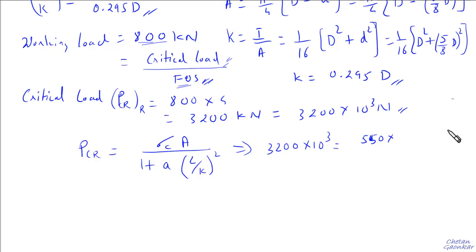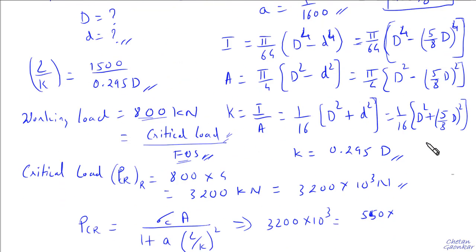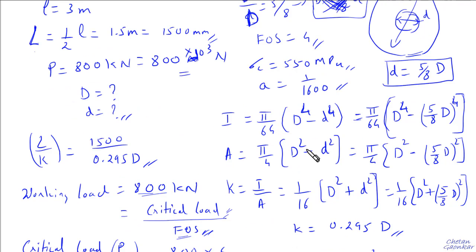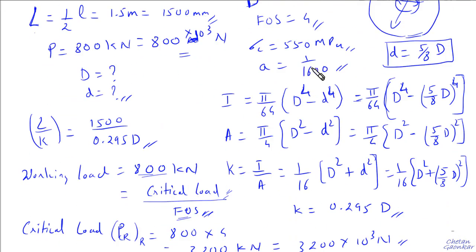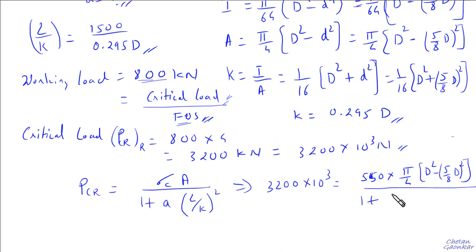Area we have to write in terms of this capital D: pi by 4 times capital D square minus pi by 8 times the capital D square, divided by 1 plus the small a given to us, that is 1 divided by 1600, which we had noted down here.